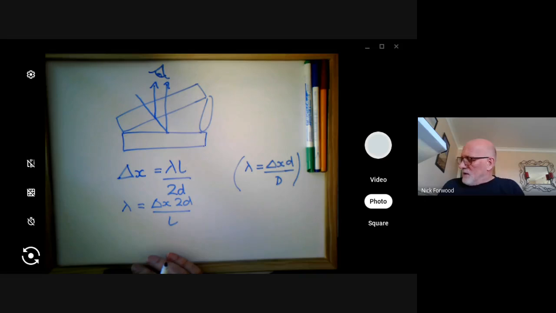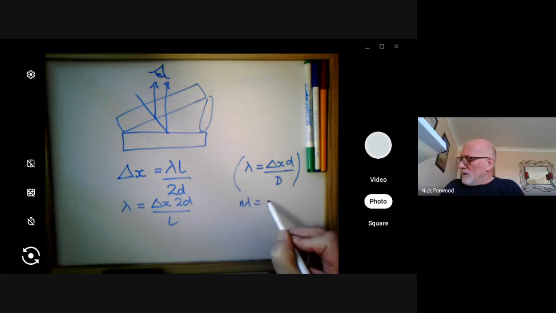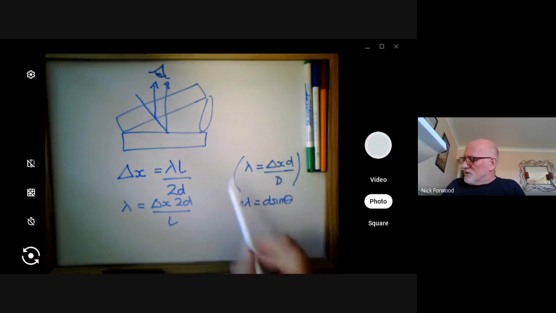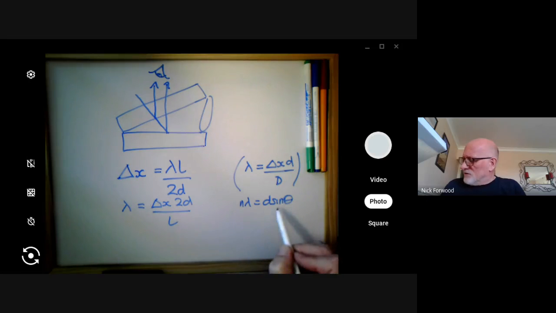m lambda equals d sine theta at higher. But this is a reworked version of that, where you can do a little bit of maths, and if you've seen Mr. Mackenzie's video, you can make an approximation.